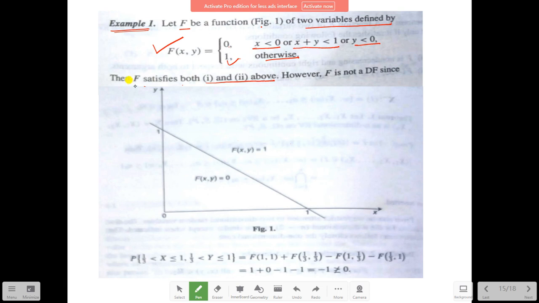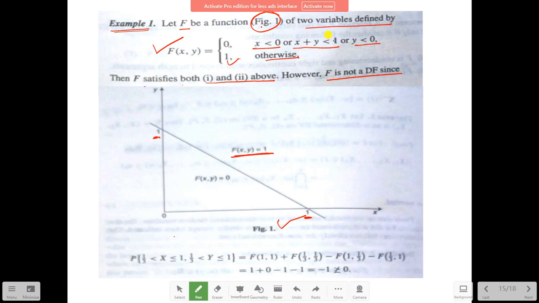Then F satisfies both the conditions above. In that case, this function satisfies the above conditions. However, F is not a distribution function. In figure 1, this is x and this is y, because F of x, y is equal to 1.